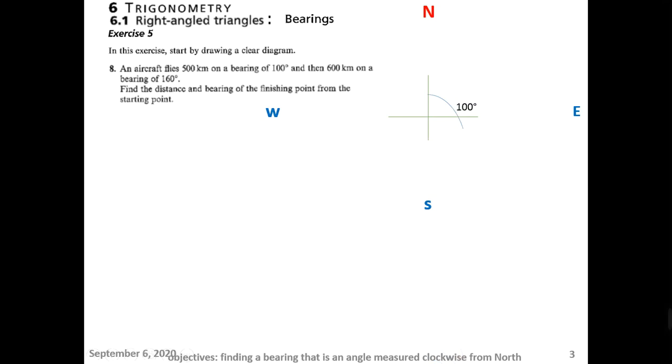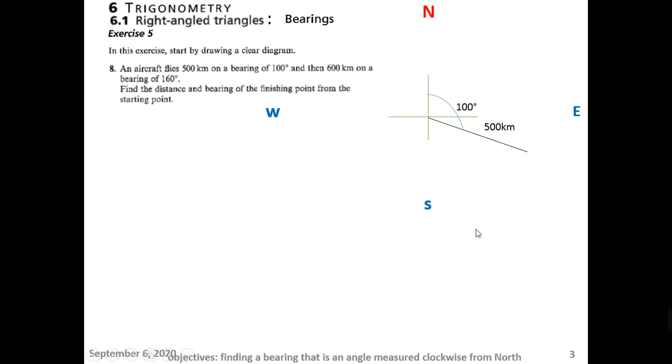And then you're going to draw a line that is 500 kilometers long. So that is my first line. That is a bearing of 100. It's measured from the north. And so I know the direction of my line, and the length of my line is 500 kilometers. So that is the first line.